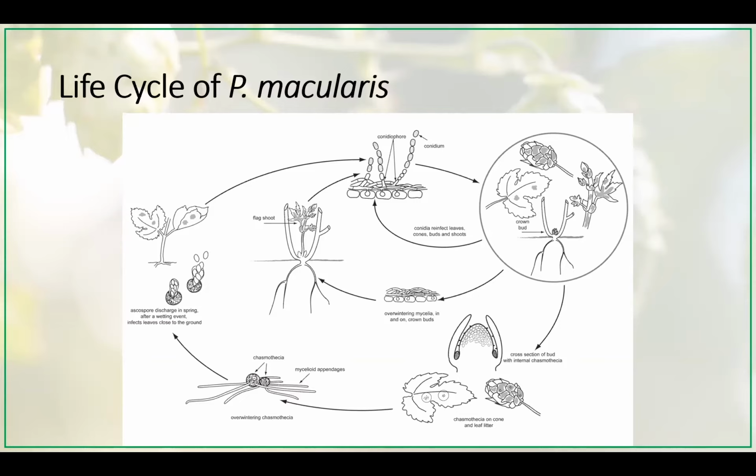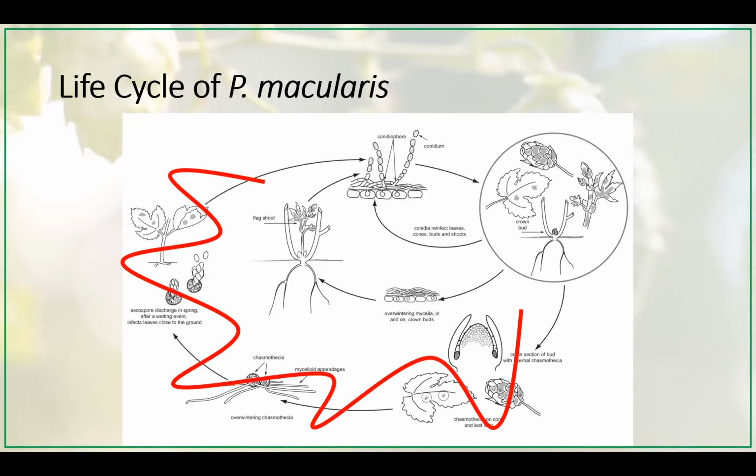Both of these modes will then produce conidia. These conidia can reproduce and go into multiple generations throughout the year. Now, luckily in the Pacific Northwest, we don't have the overwintering chasmothecia, and the fungus is forced to overwinter in the buds.